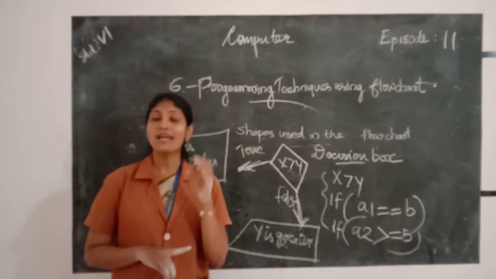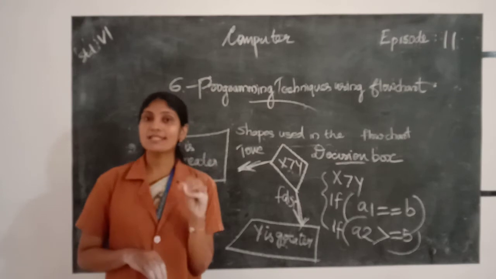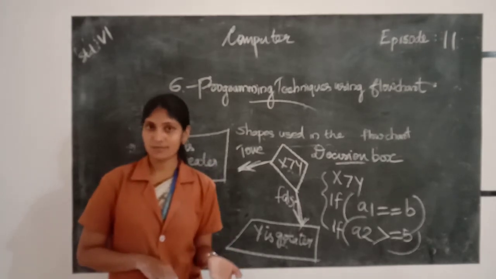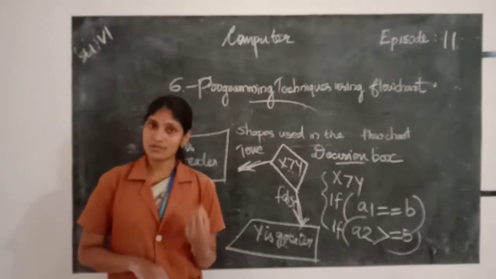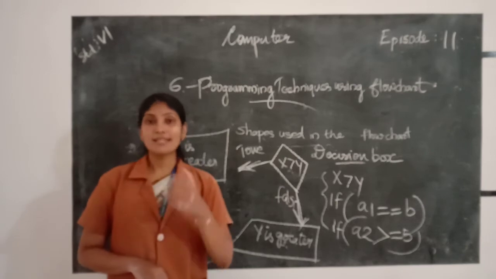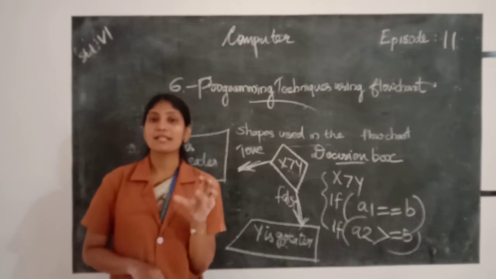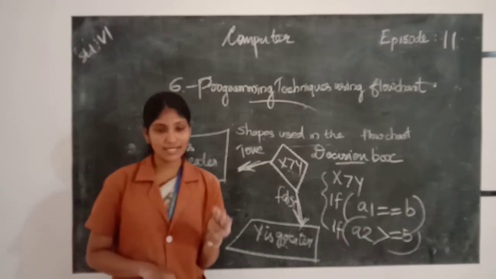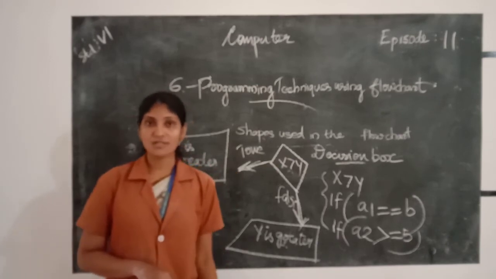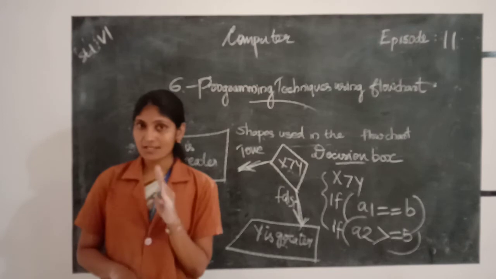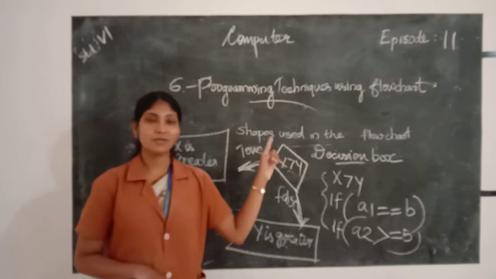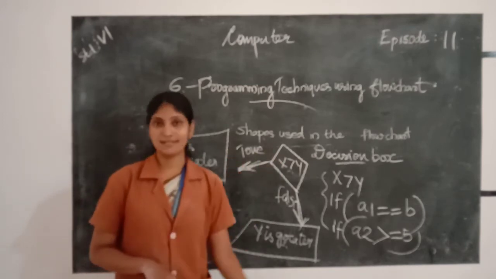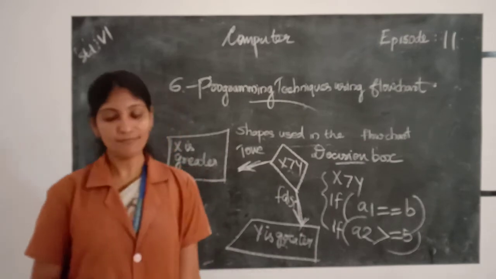Processing box means the processing statements like sum is equal to x plus y, average is equal to sum by n, and these types of statements should be written inside the processing box. Fourth one is the decision box. Whether a statement is true or not should be inserted in which box? Decision box. So these are the four shapes.